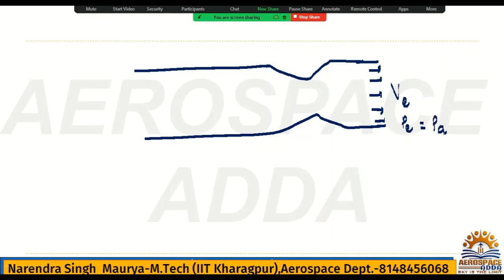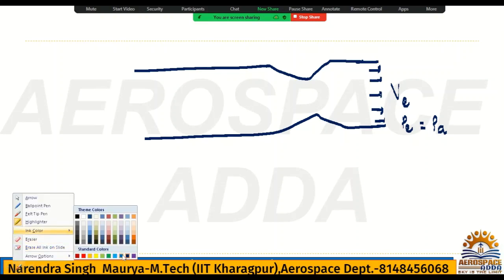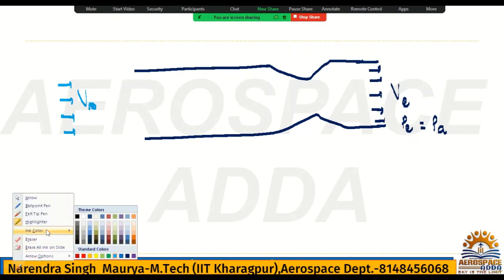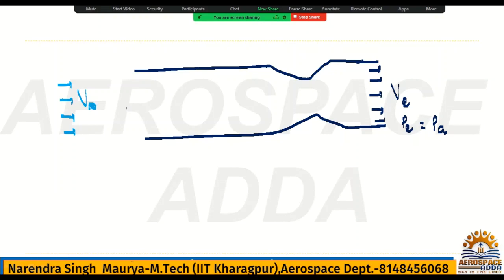Why? Because fully expanded they have given to us, and definitely here the flow is not coming with velocity VA or V infinity. Now this is nothing but a RAMJET. Something like this.